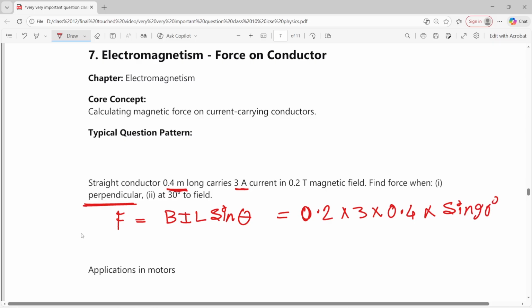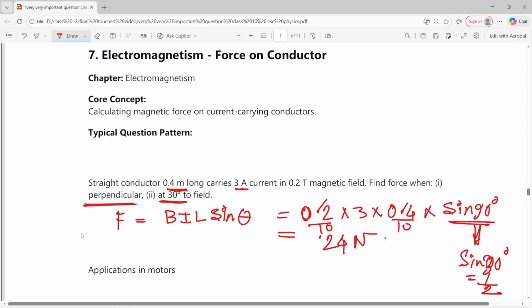And you know sine 90 is 1, sine 0 is 0. So after calculation we get 0.24. Force means Newton. And if you want to calculate for 30 degrees, just change sine 90 to sine 30, all same. Sine 30 degrees is half, so that is 0.12 Newton, just half.